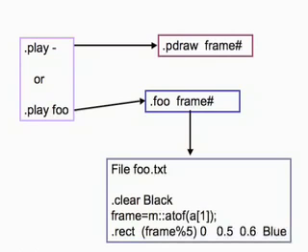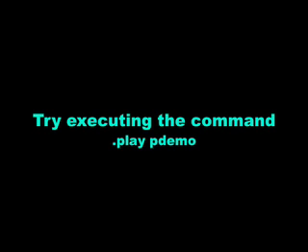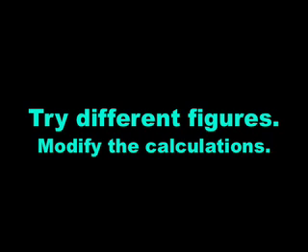And try executing the command .play space pdemo. The result illustrates taking the rectangle parameterization and moving rectangles on the x-axis, the y-axis, diagonally. Try modifying the program with different figures and try different calculations. The results can be pretty impressive.